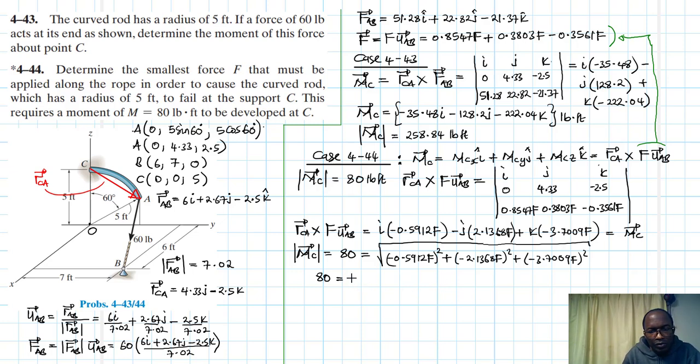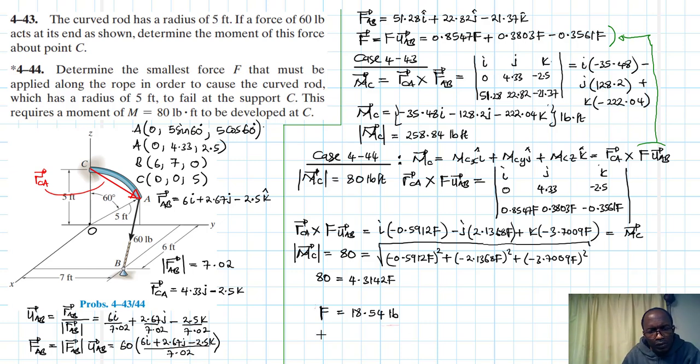So this is going to be equal to 4.3142F, and therefore F is just going to be equal to, let's find what F is. F is just going to be equal to 80 divided by that answer, which gives us 18.54 pounds.